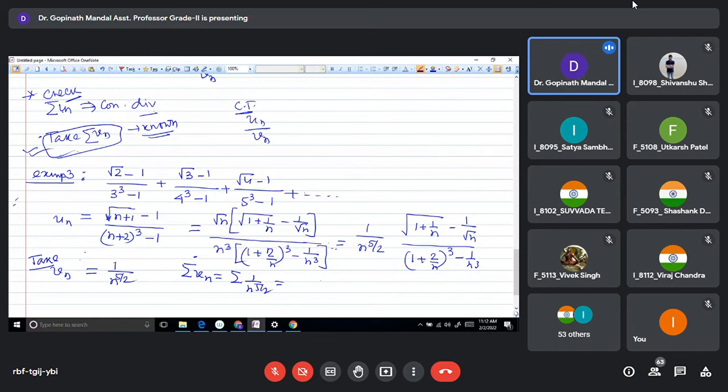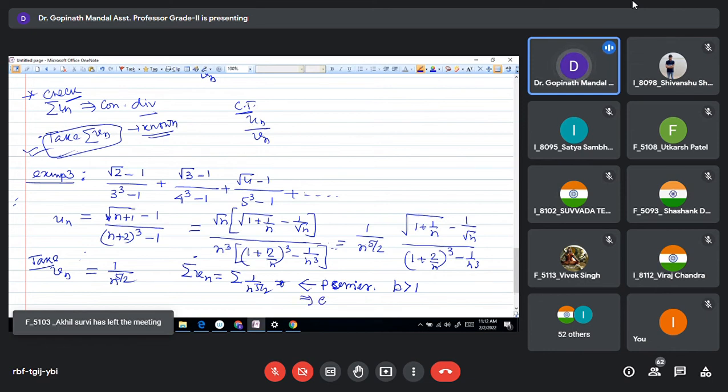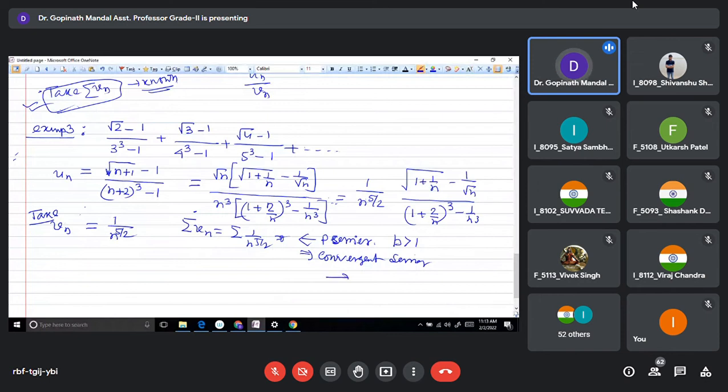That means this is a P series, and convergent because the power is greater than 1. This is a P series and p greater than 1, so this implies this is a convergent series. That means the series Vn is known to us.